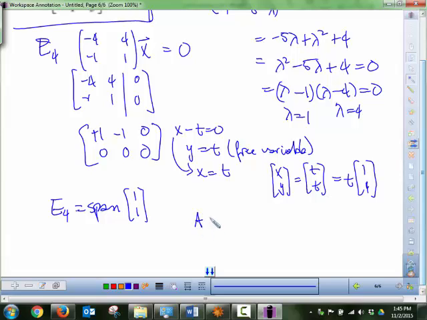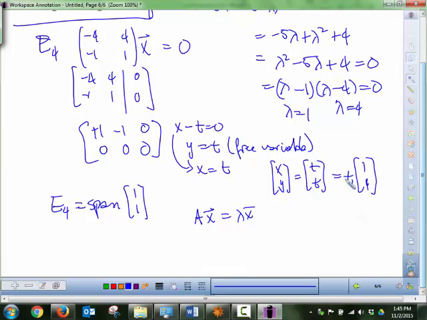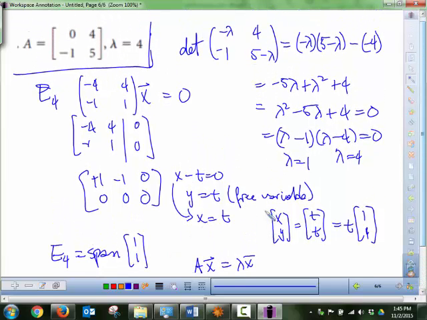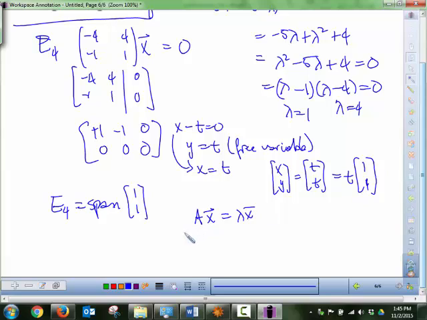We have Ax equal to lambda x, and it may be off by a factor of whatever t might have changed into, but let's figure it out. We've got 0, 4, negative 1, 5 as your A, times 1, 1. Let's see if this works out.